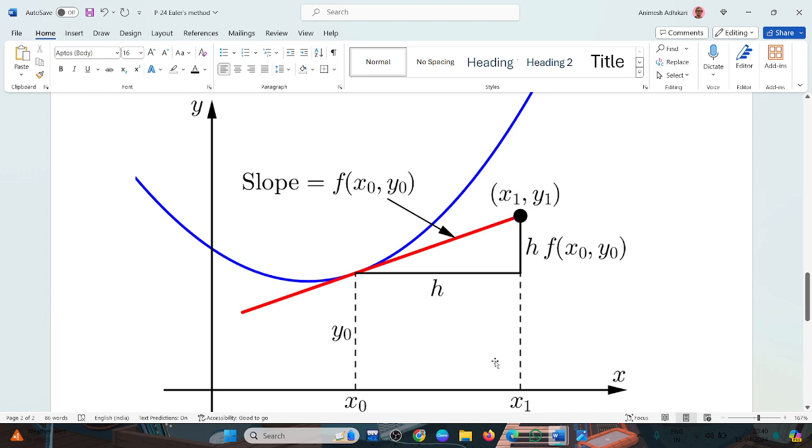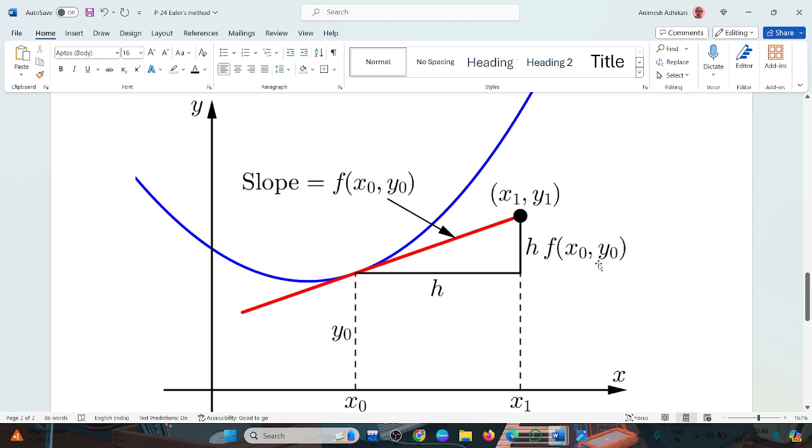So this height is y0, and this is h into f(x0, y0). This is tan θ of this. dy/dx equal to this height by this height h.